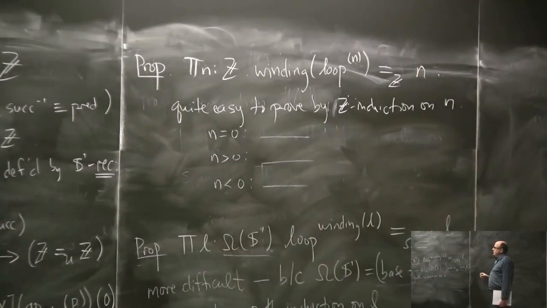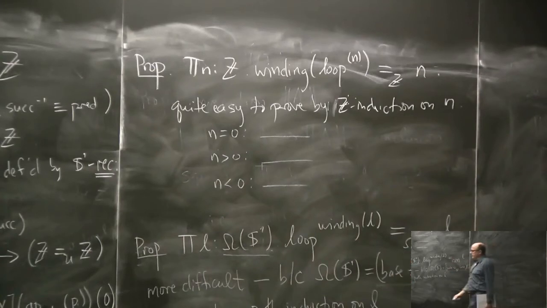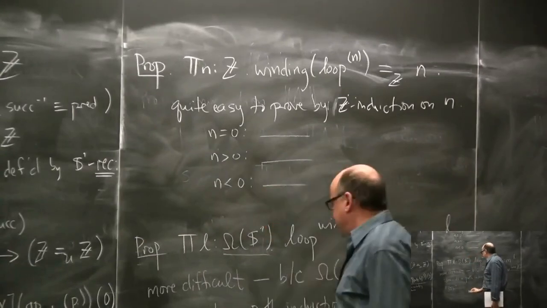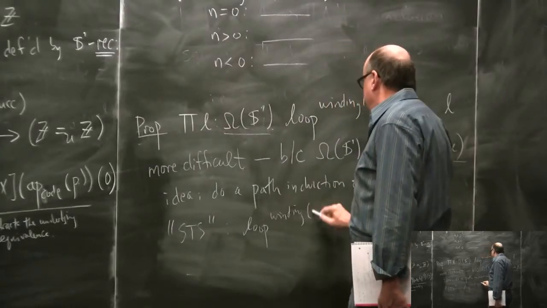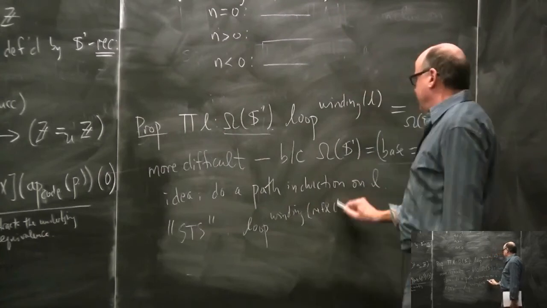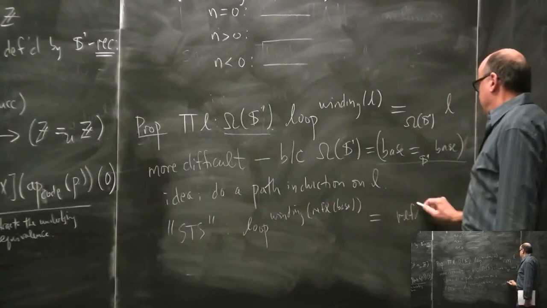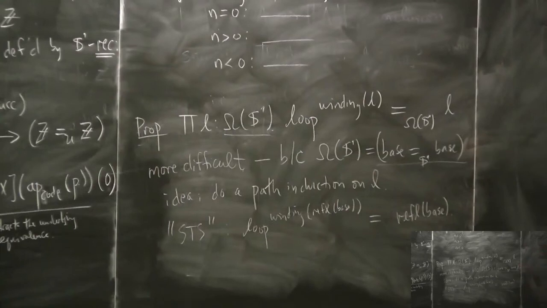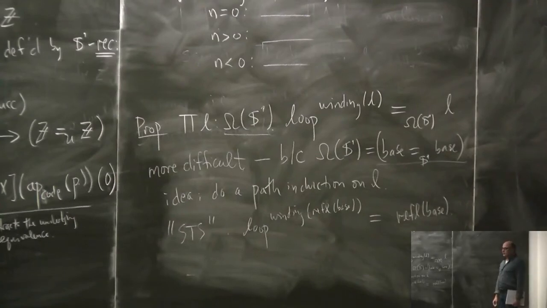And so if you're a little too facile, if you don't have a computer to check you, you might say it suffices to show, which you can tell I'm signaling that's not true, that loop to the winding of reflexivity at base is equal to reflexivity at base. And indeed, you think, well, if I unravel everything, it's probably even just a definitional equality. And so you think you're done. And then you're wrong.